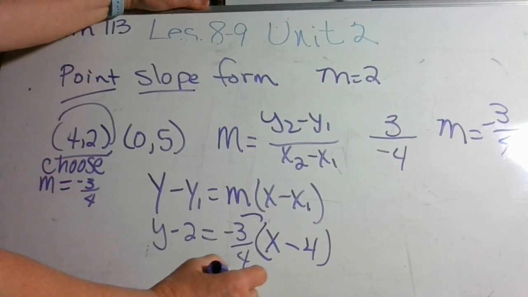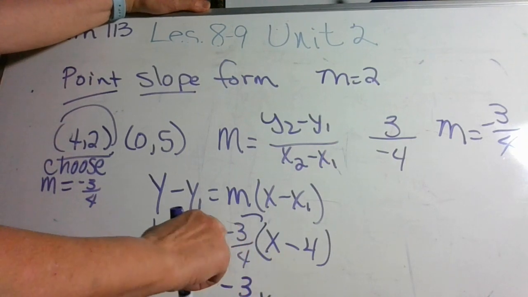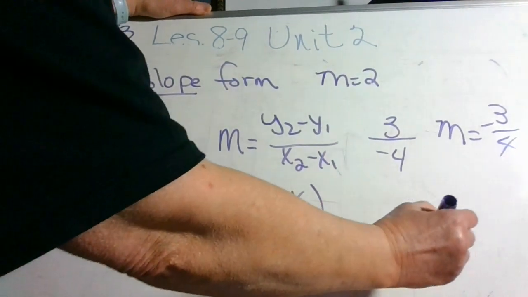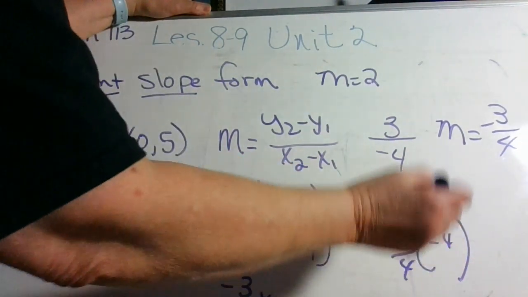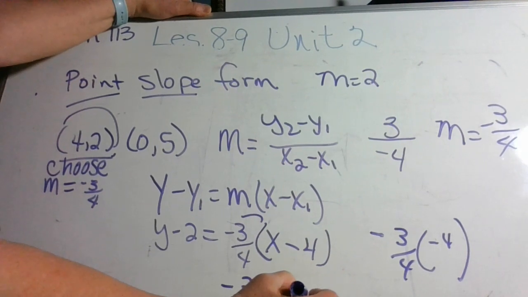Okay, let's go ahead and distribute. So I have negative 3/4 x and negative 3/4 times a negative 4 is going to be a positive 3.